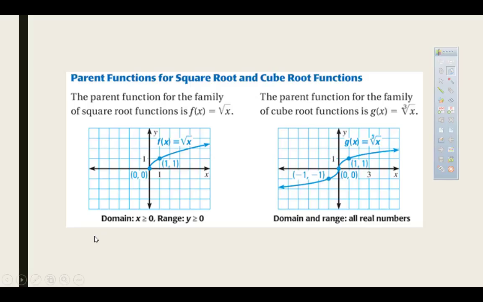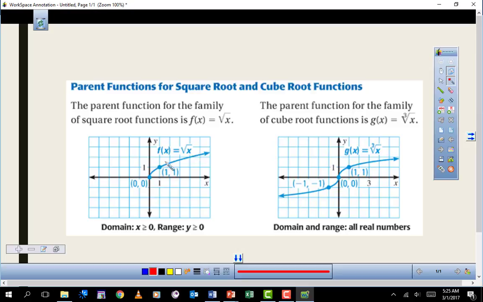So some of the things we might want to pay attention to here is like the domain. What is the domain? Well, you can't put negative numbers into a square root, so that would make the domain x greater than or equal to 0. But also note that the graph of the function never goes down into the negative y portion.